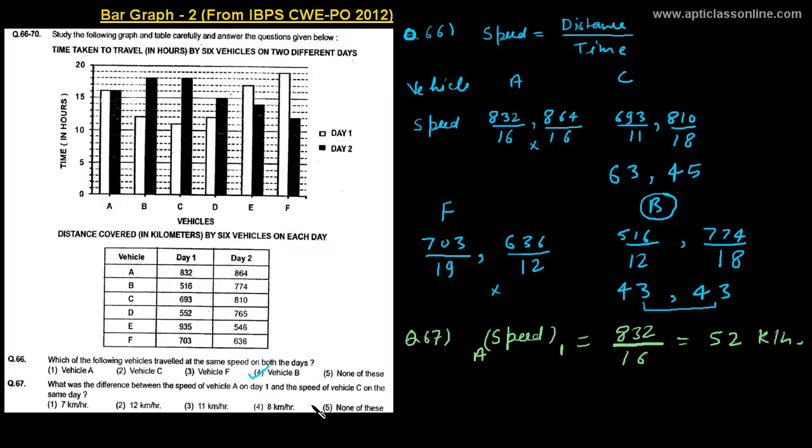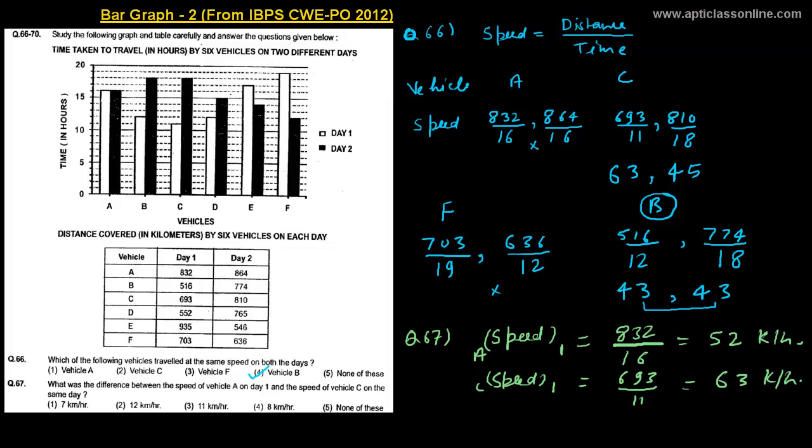The second case is the speed of vehicle C on the same day. The distance traveled by C is 693, and the time on day 1 is 11. So here you will get 11 sixes are 66, 33, that is 63 kilometers per hour.